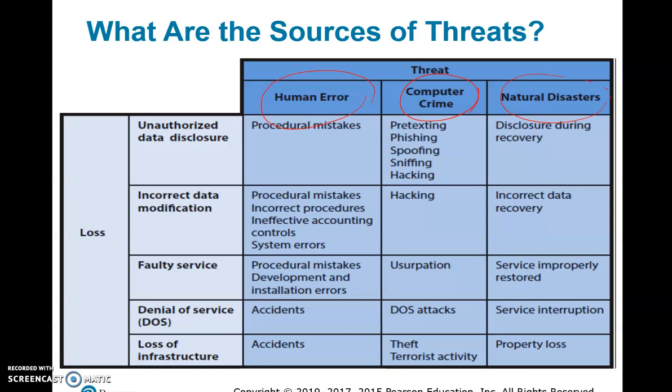Okay, and hacking is another thing that people do. They can hack into systems and get data. Or in natural disasters, because of the disasters, some of the data can be taken off or deleted, so you can have incorrect data recovery as well. So there are many things that happen here. So these are the threats that you can take a look at and see what the sources of threat are.